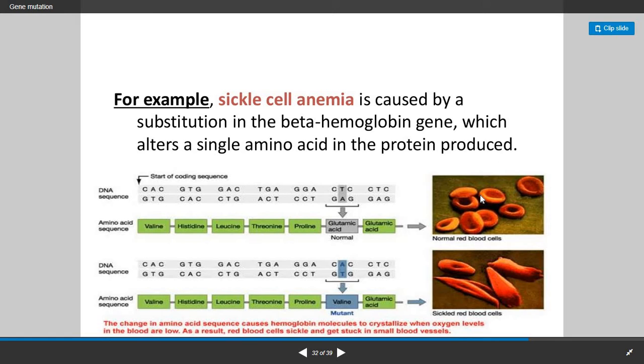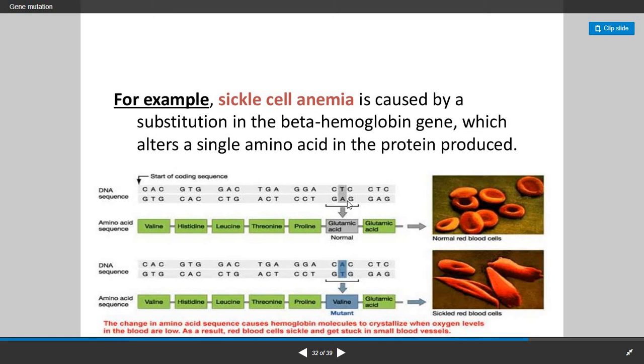Now here you can see the picture. Here the normal red blood cells are there, and if sickle cell anemia occurs for a person, the RBC remains in sickle shape. Here you can see that glutamic acid is replaced by the amino acid valine, and the individual is known as a mutant as mutation has occurred, and the sequence also gets changed.